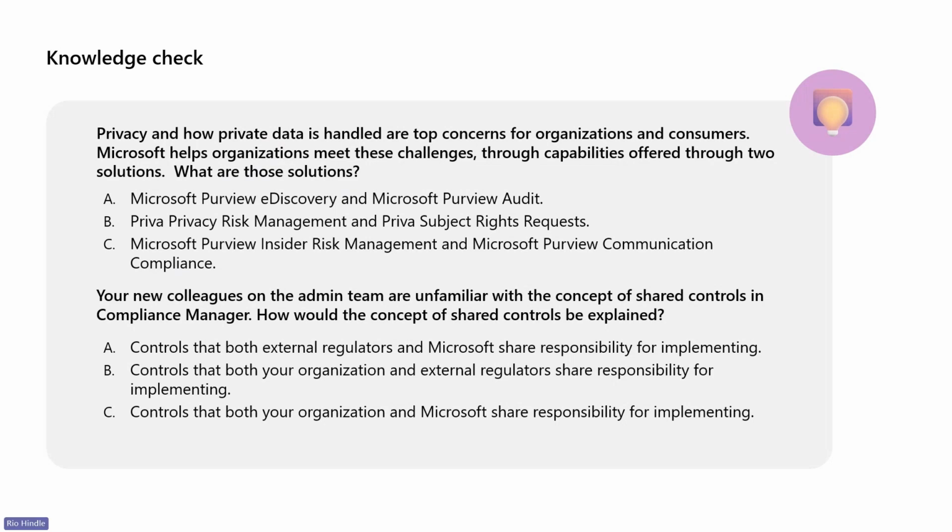And we looked at a solution called, funny enough, Microsoft Priva. So the answer would be B, Priva, privacy risk management and subject rights requests. Once again, that gives you the ability to manage personal identifiable information and handle DSR requests, if any.